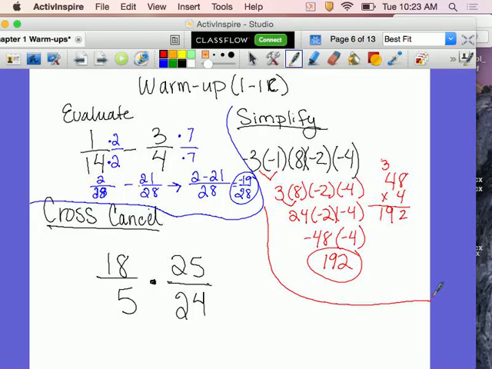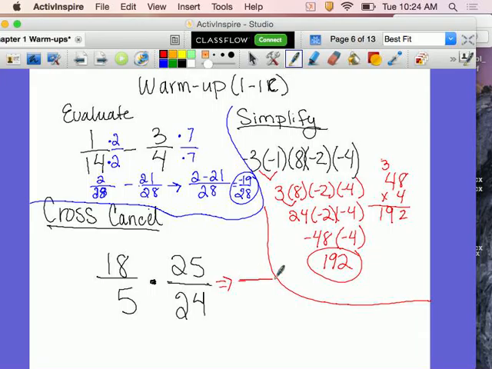Okay, cross-canceling, remember, means that what we're really doing is looking for simplifying across fractions. The reason we're allowed to do that is the commutative property. I could do a whole lot of mixing up of this problem, but if you remember how to cross cancel, you can just go ahead and do it. But here's the why.